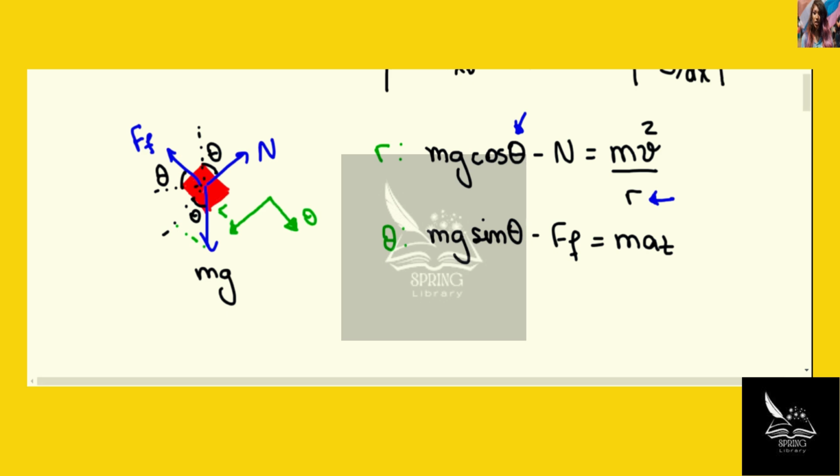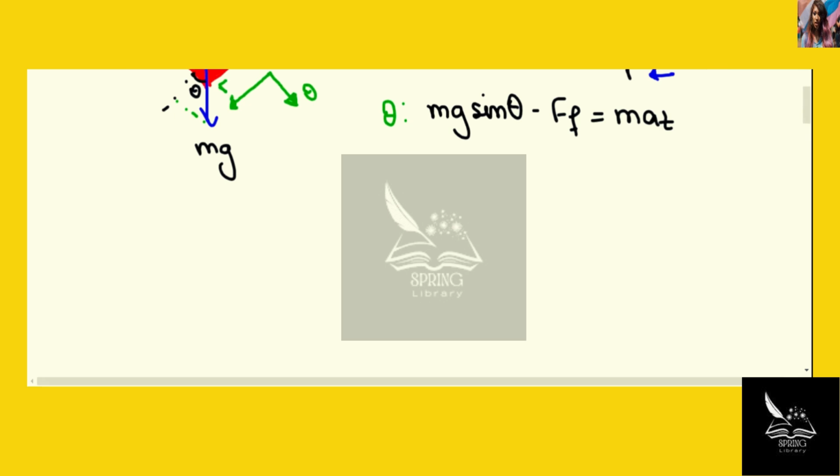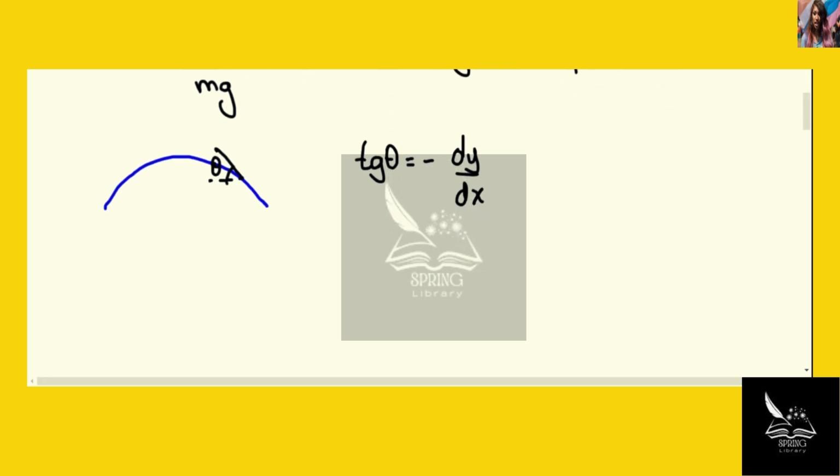So first, let's find what theta is. Basically we have this curve here, and this angle is theta. Now the tangent of theta is equal to minus the derivative of y with respect to x. And the minus is here because the curve is decreasing. This means that the angle theta, if we didn't put the minus here, would be negative. We don't want that. Calculated at x0.